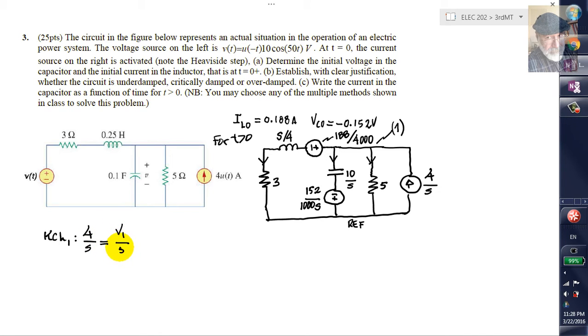The one through the 5 ohm resistor, the one in the middle through the capacitor, and that is V1 plus the value of the source 152 over 1,000 times S divided by the impedance 10 over S. And finally, the current on the left, the current through the inductor, which would be V1 minus the value of the initial condition source, which is 188 divided by 4,000, divided by the impedance, the whole thing, 3 plus S over 4.